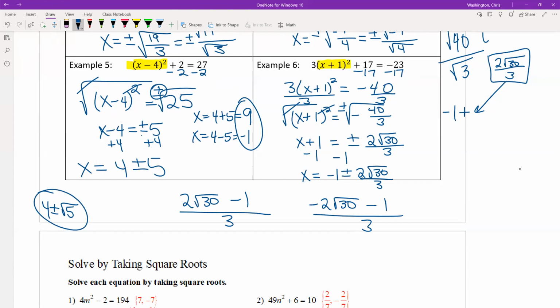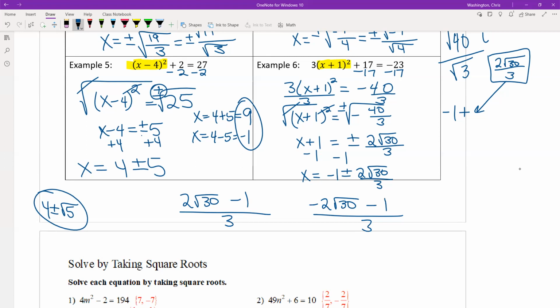The only thing I don't like about this calculator is that when I do something like this, it automatically puts the square root in the front. And in every single piece of material, book, video, website, whatever you might look at, the square root's always going to be at the back.